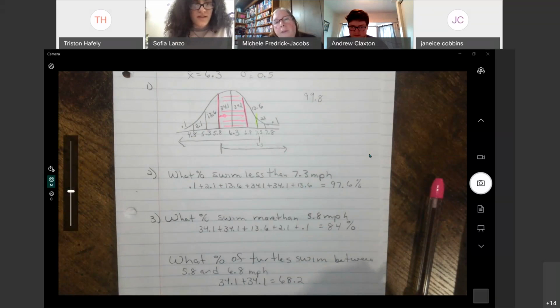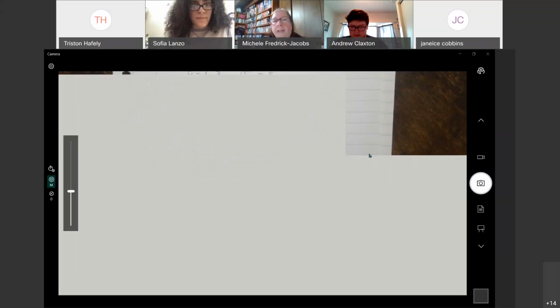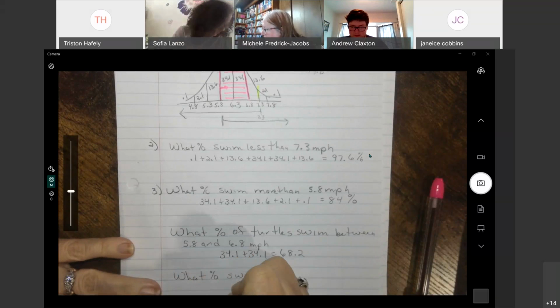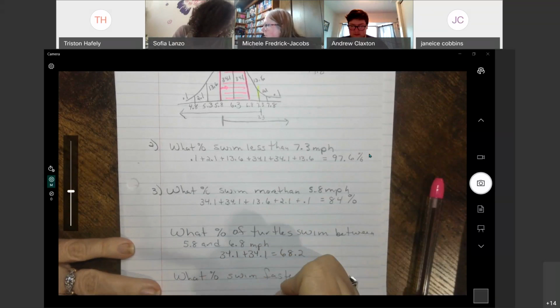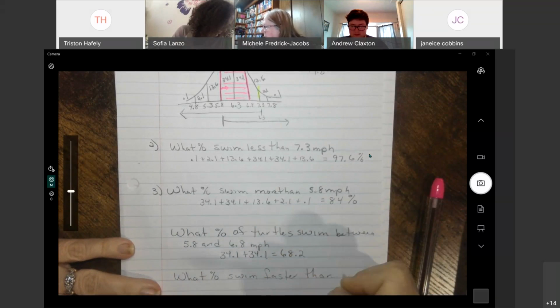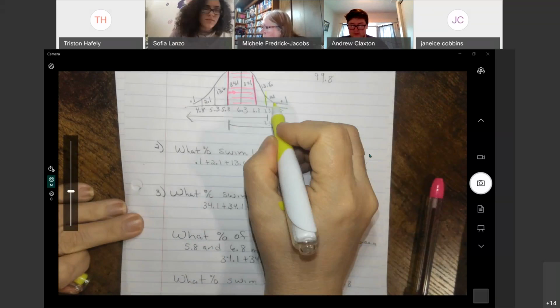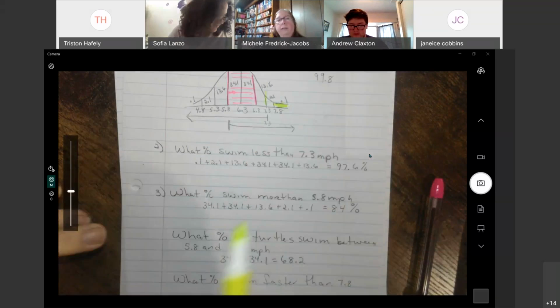What percent of turtles swim faster than 7.8? Point one. Mm-hmm. At 7.8, it is just here because we said more than.